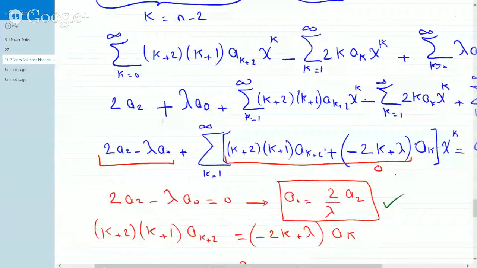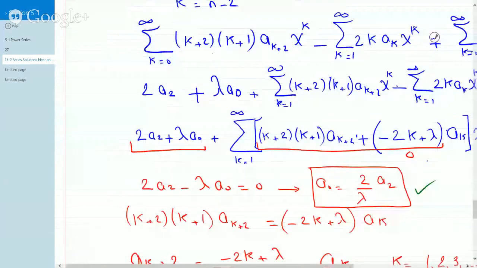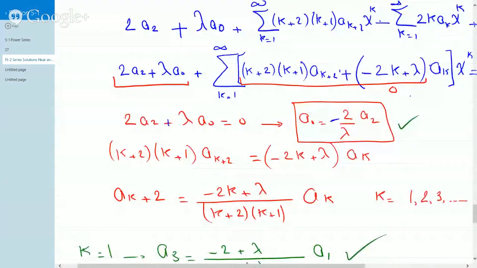So this becomes a plus, which makes this a plus, which puts a minus sign here ahead of a0.